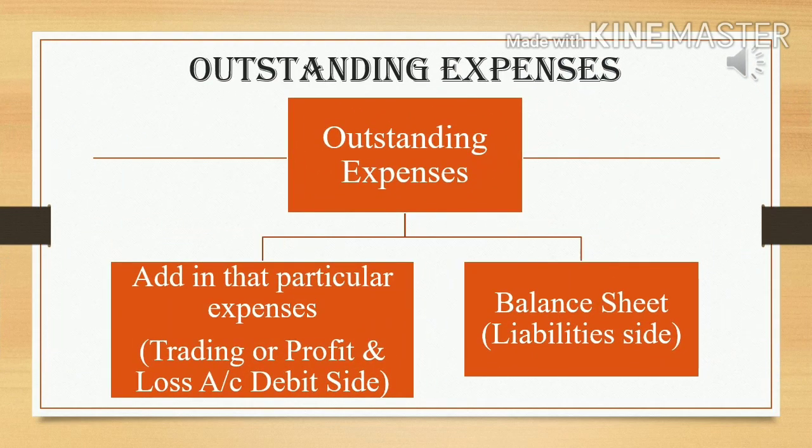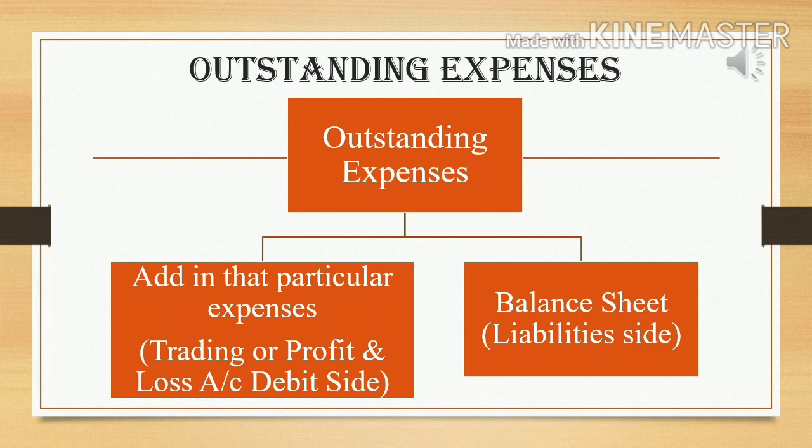Now, there are 4 adjustments which are actually linked together. Many a time, students get confused in this. So here I am going to give you a simple trick. These 4 adjustments are outstanding expenses, outstanding income, prepaid expenses and pre-received income. So nothing rocket science.